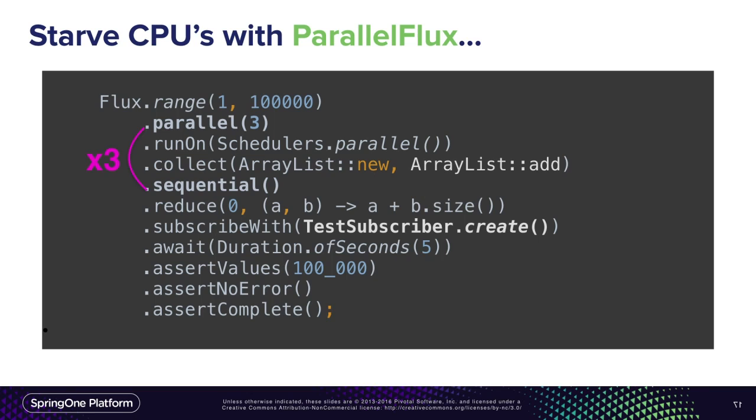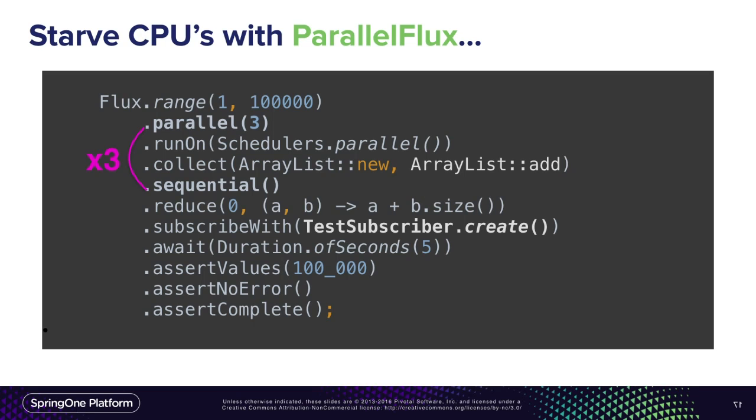On each of these tracks, we start accumulating with a collect operation into arrays, so it's kind of micro-batching. Then we turn that back into a sequential one, like a join. From the 3 rails, we come back to one rail executing at a time. Because sequential returns a Flux, we can continue using the Flux API.